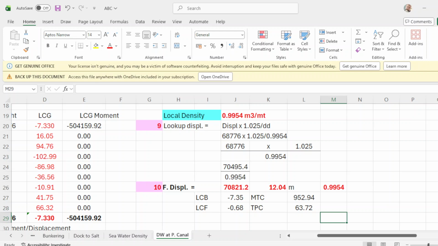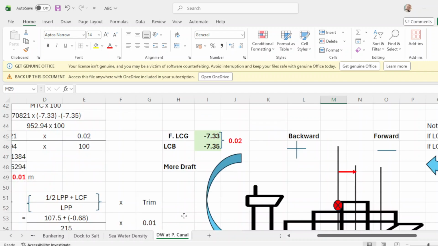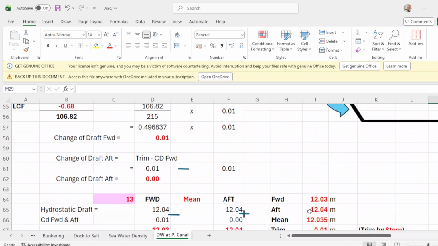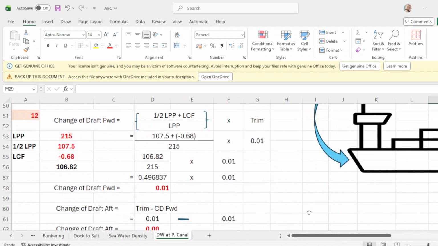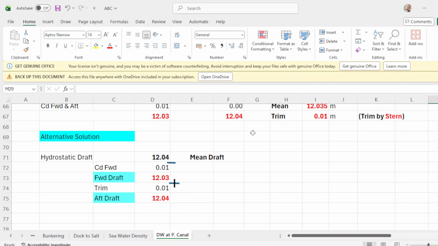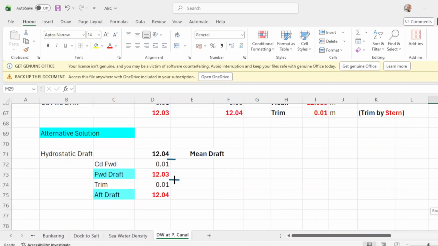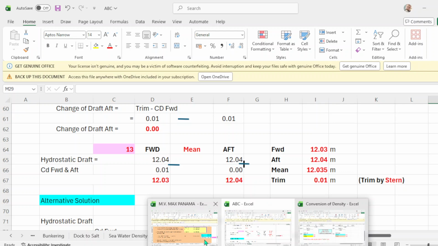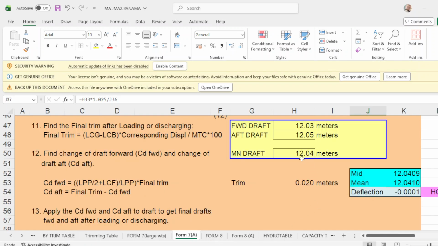That's why your mean draft is 12.04 or 12.035. Okay, and here we got 12.04.